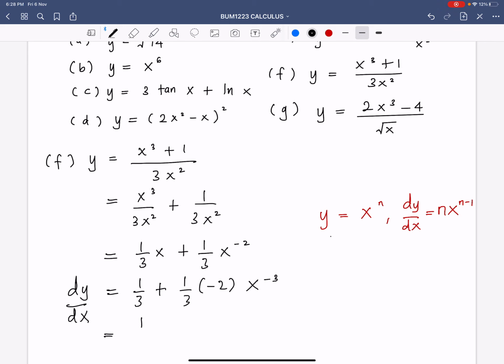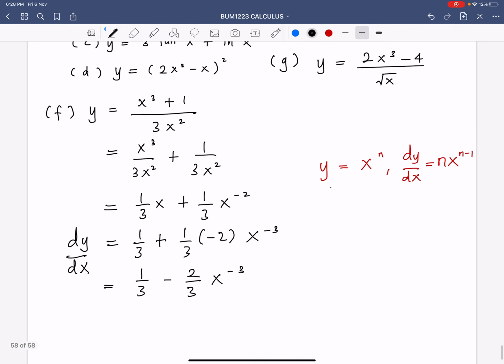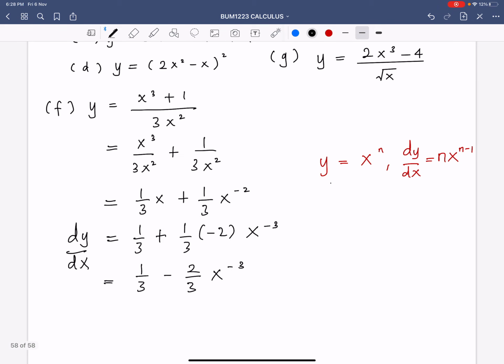Where this is equal to 1 over 3 minus 2 over 3 times x power of negative 3. As I said previously, we try to avoid the negative power in the final answer. Therefore, this can be rewritten as 1 over 3 minus 2 over 3 x cubed. Okay, the final example for the topic will be question G.